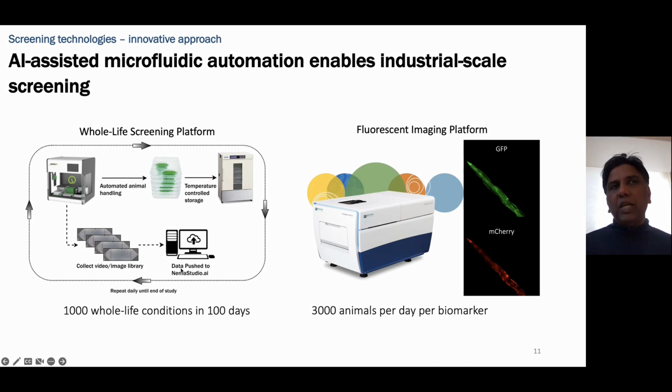At the same time, because the chips are transparent, we can take those chips, and if the strains have fluorescent reporters, either GFP tags or mCherry tags, we can use a high content imager, do epifluorescence imaging, and look at actual tissues and cells to understand the mechanism of action.